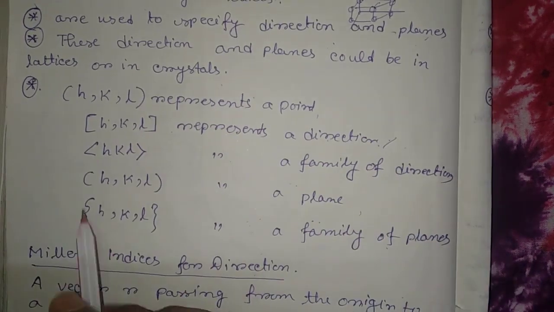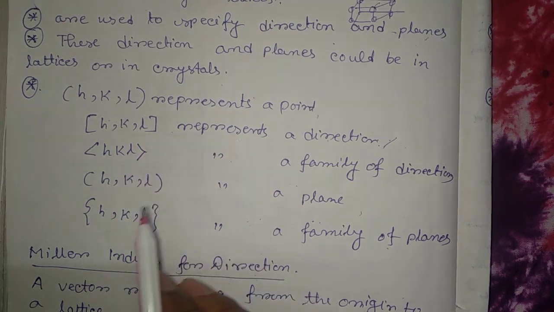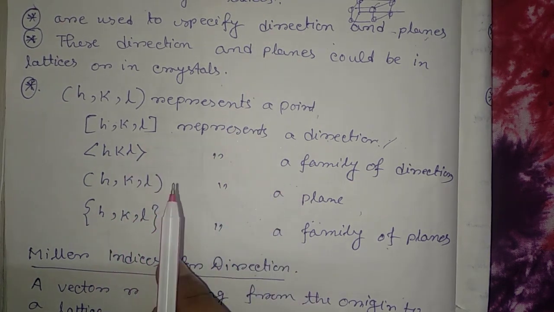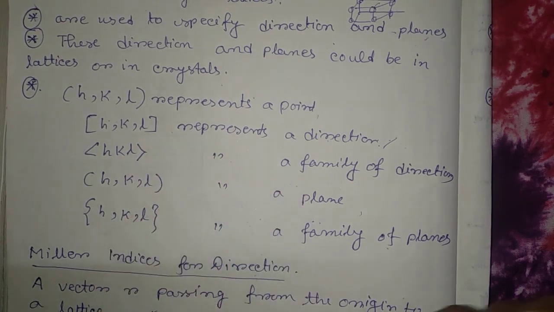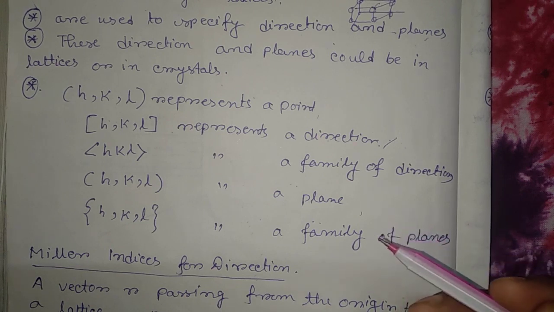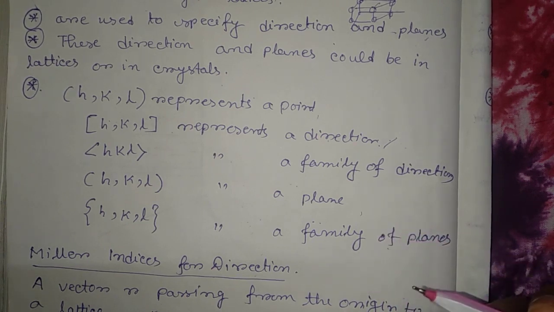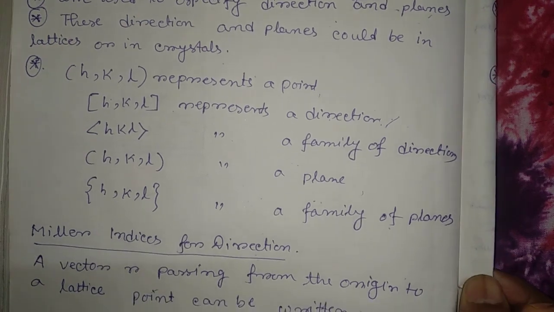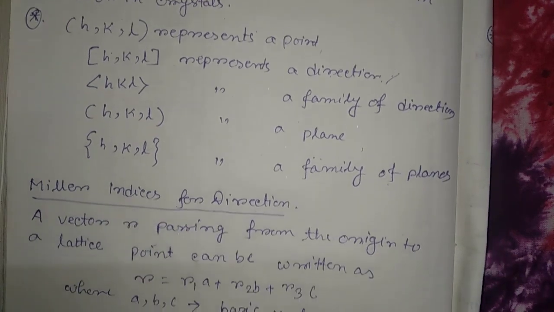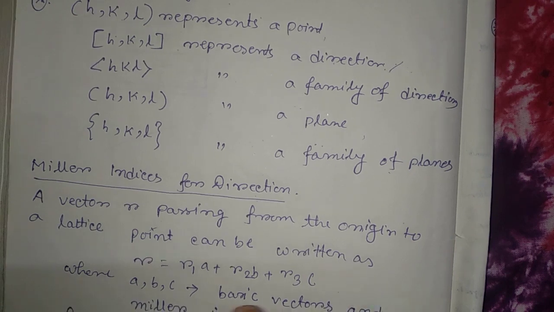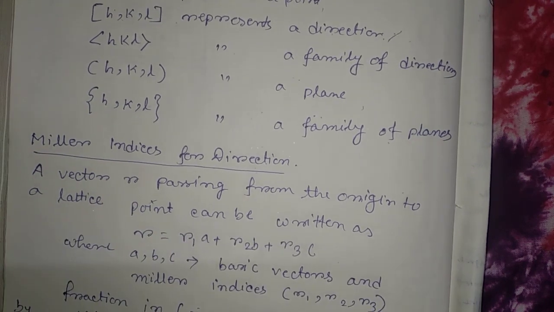These are the nomenclature used to identify the atomic arrangement in a plane or direction, or a particular family of directions or family of planes. When we discuss a particular example, all this will be clear.